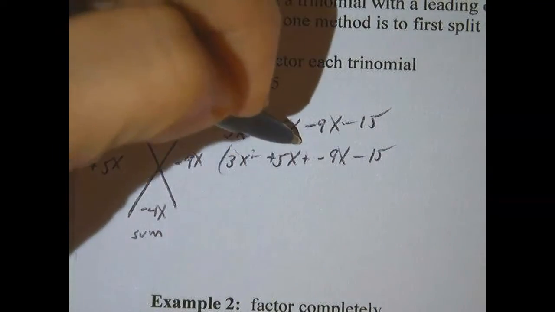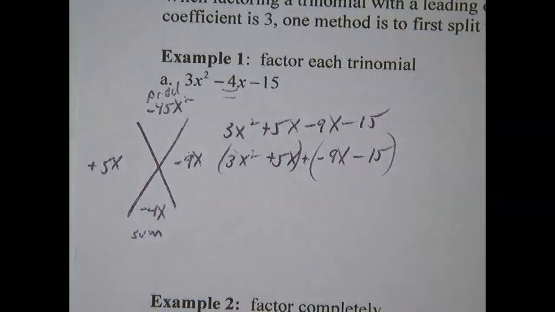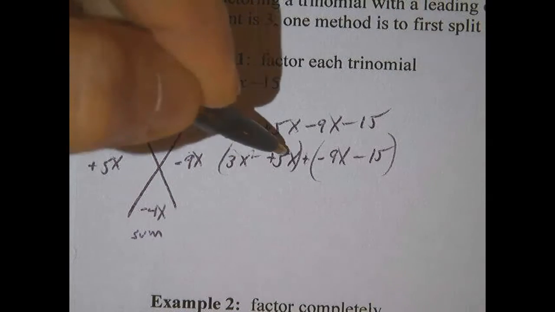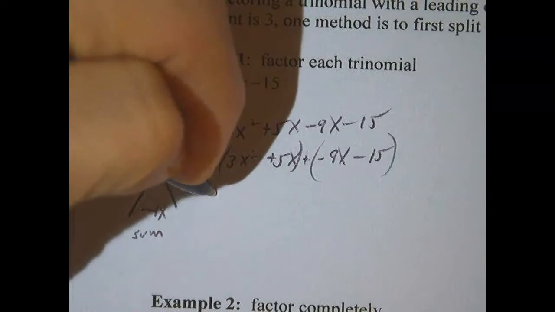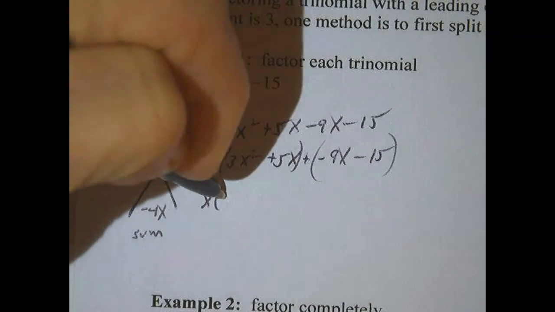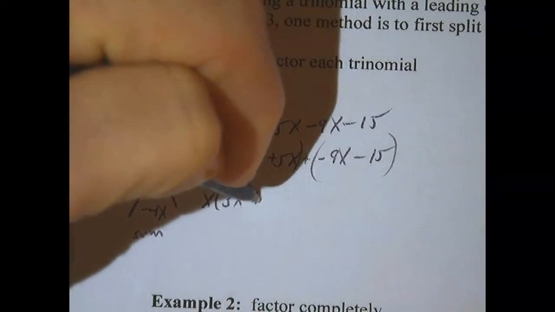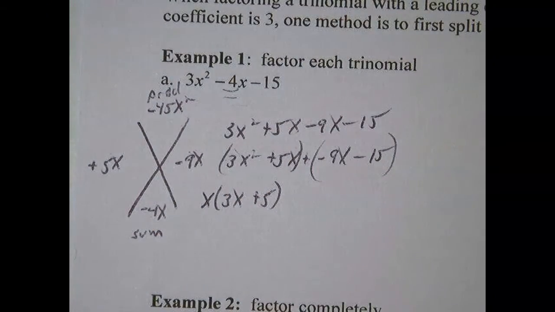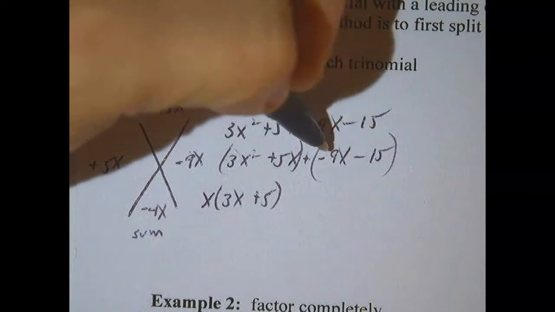I'm going to take out the GCF from each group, so I'm factoring by grouping as my next step. In the first group, I have a common factor of x. So I pull an x out in front, and I have 3x plus 5 left over. From the second group, I have a common factor of -3.